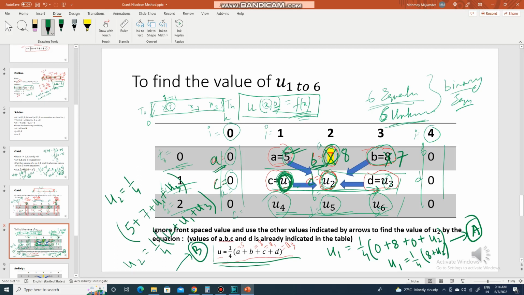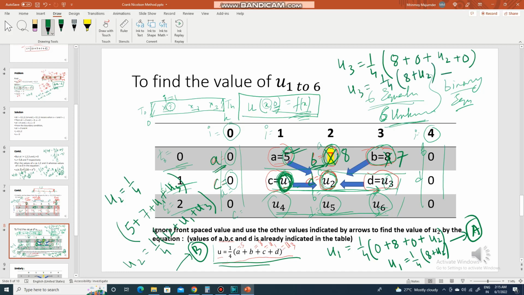For U3, you see U3 will be equal to 1 by 4. A will be your 8, plus B will be your 0, plus U2, plus 0. So here U3 is 1 by 4, 8 plus U2.